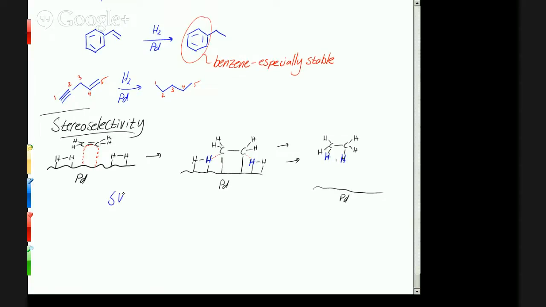This is a syn addition, meaning same side. Let's look at a reaction where that is important.